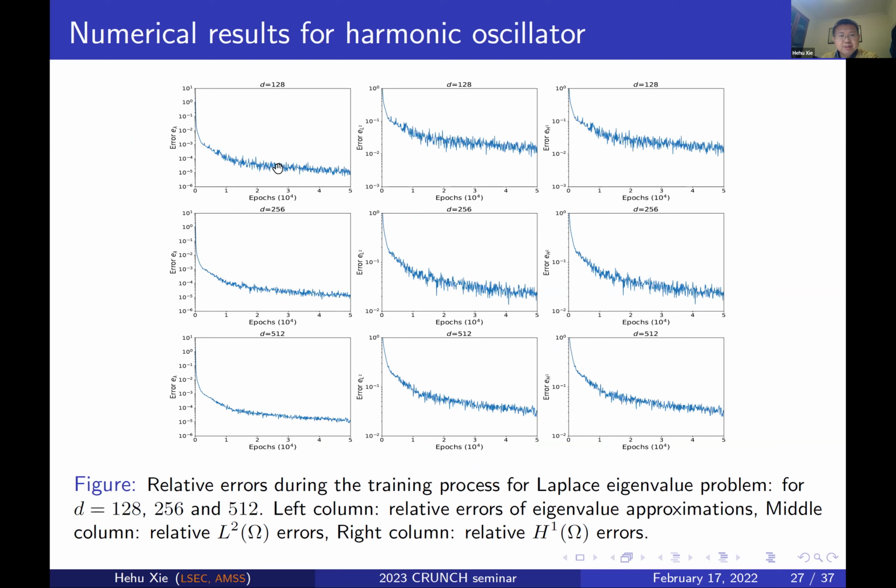It's maybe higher oscillation than the model problems. Actually, the oscillations come from the optimization process. The integration is very accurate, but the optimization process maybe needs to be improved or enhanced for the machine learning process.